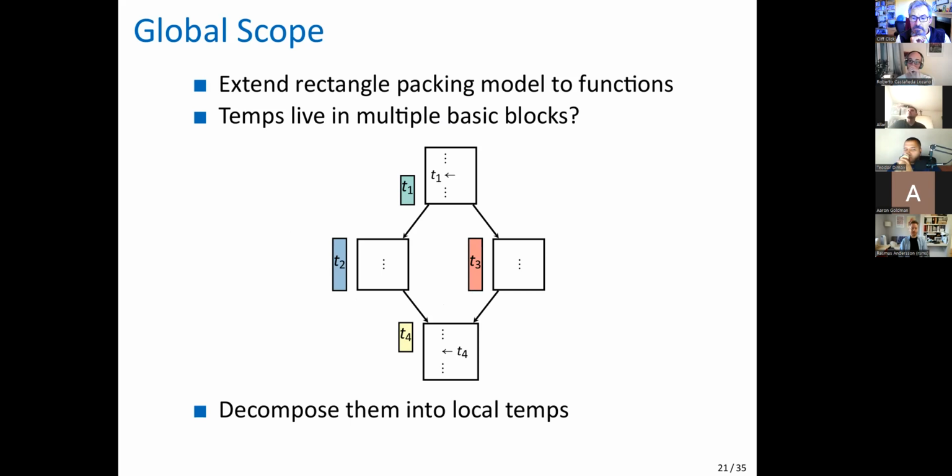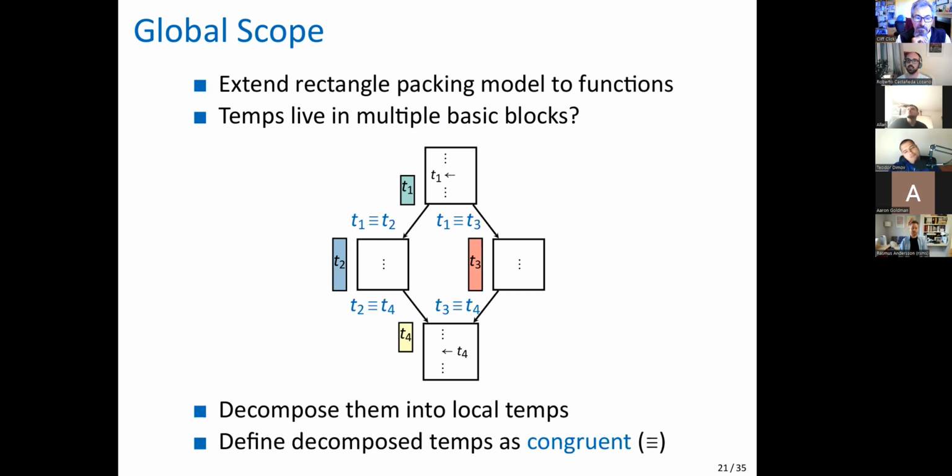So there are 4 different temporaries now, 1 for each block, and then we have a little nice rectangle for each block. And then, of course, we keep track of which temporaries correspond originally to the same virtual register or the same temporary. So we define this congruence, saying that, for example, T1 and T2 are congruent because they represent the live range of the same original temporary.